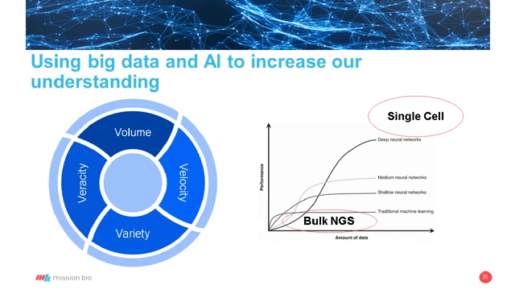So you put these four things together, and this makes for a really nice big data problem where machine learning and AI are an ideal tool to be able to gain insights. So we think a lot about how we can take this data and develop better and better tools using machine learning and AI to make insights into single-cell biology readily available to everyone.